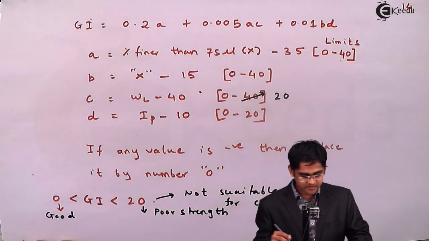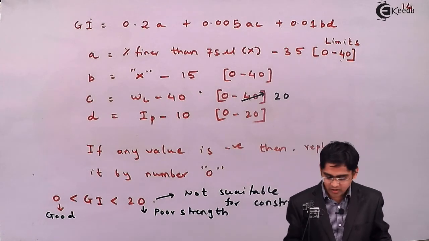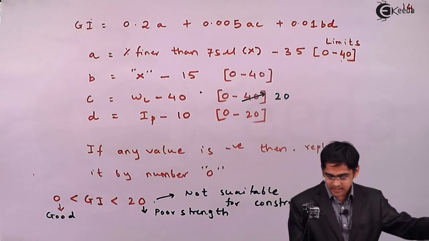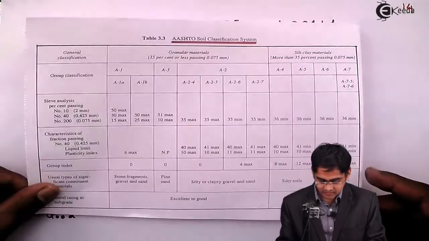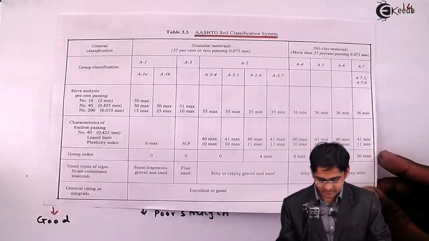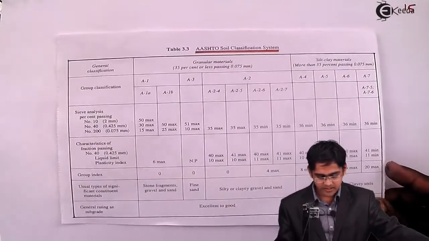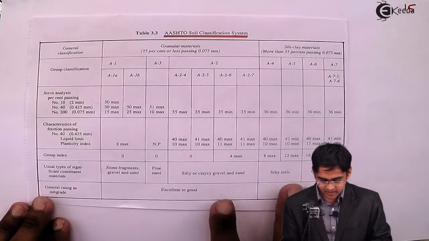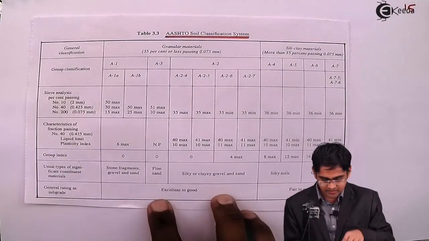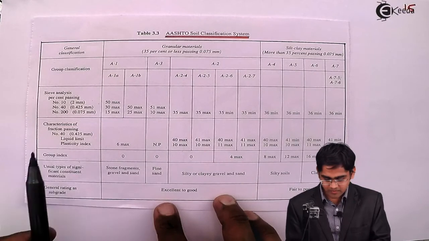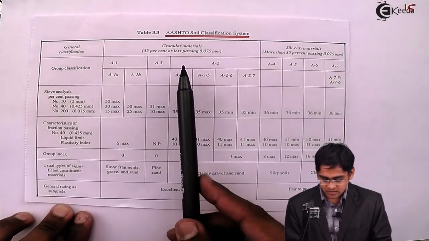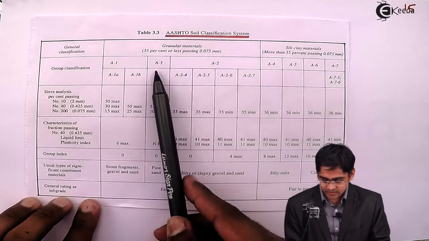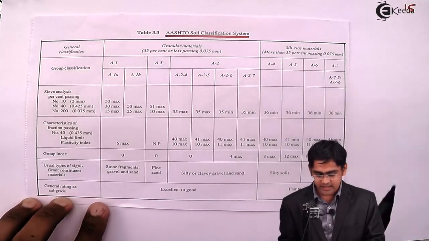So based on this group index and all these values, percentage finer, liquid limit and plasticity index, we classify the soil as given in this table. It is the AASHTO soil classification system, where there is a general classification starting from A1, A2, A3, then A4, A5, A6 and A7.